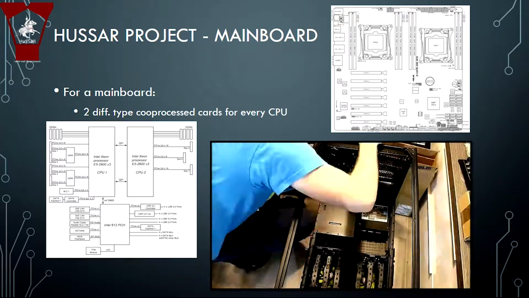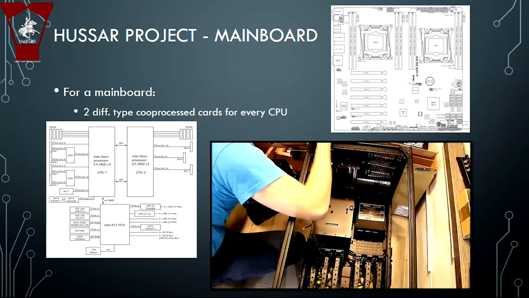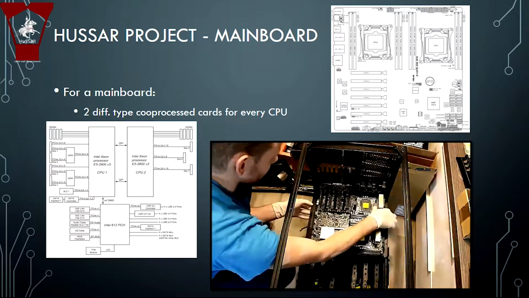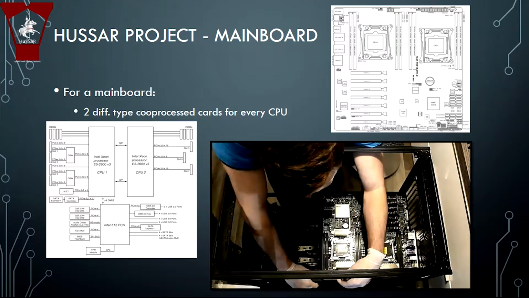This prototype contains 2 CPUs integrated on the board, and this is important because they should serve 4 full PCI Express connectors to the cards, and it should be separated so that each CPU can serve one type of coprocessor.